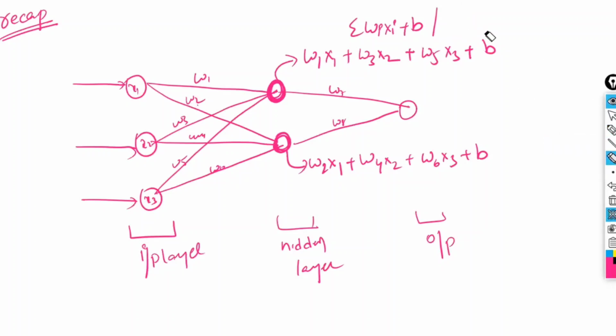In neural networks, the activation function is represented by phi.